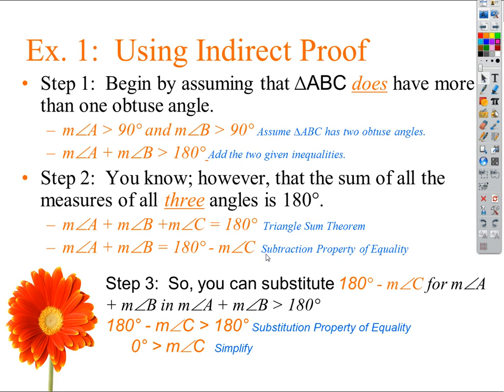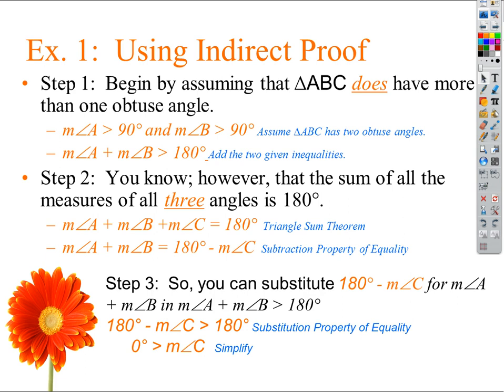So now I've got two conclusions about the measure of A plus the measure of B. From our absurd, indirect, or opposite assumption that there are two obtuse angles, we got that the measure of angle A plus the measure of angle B is greater than 180. But from the triangle sum theorem, A plus B equals 180 minus C, right?